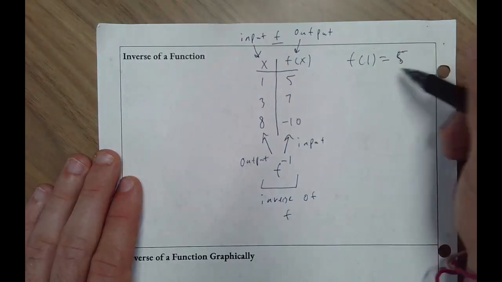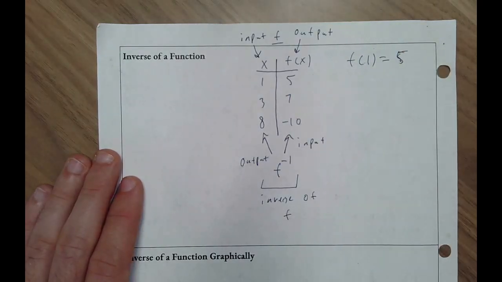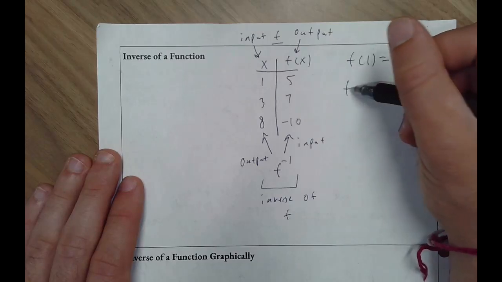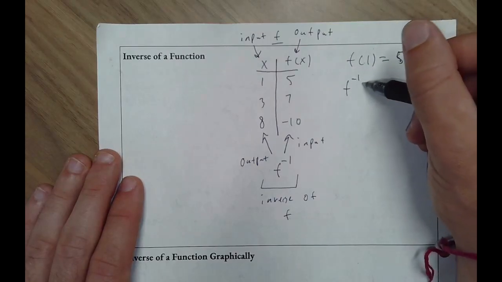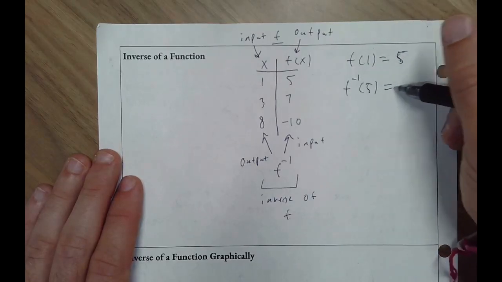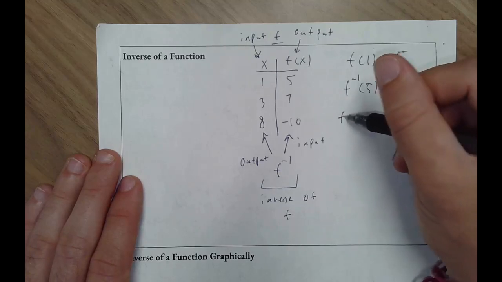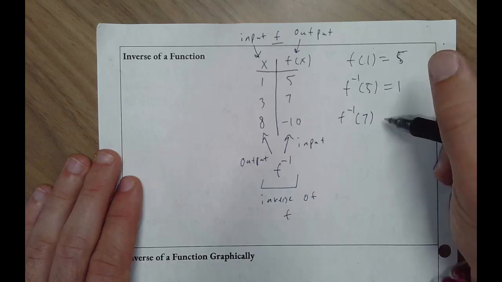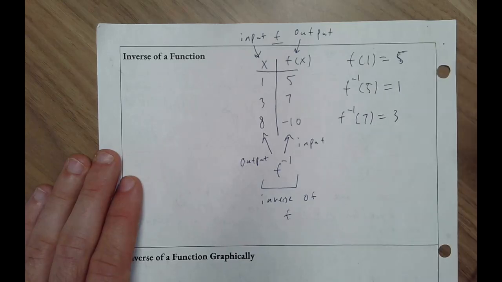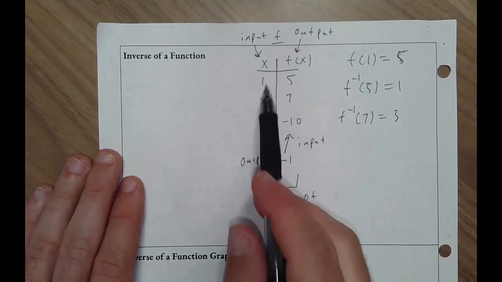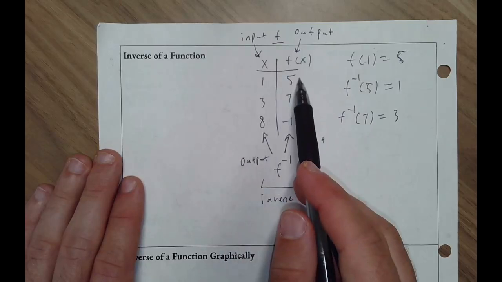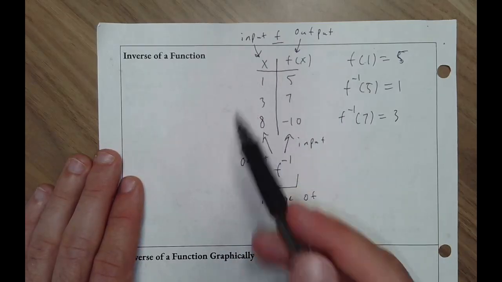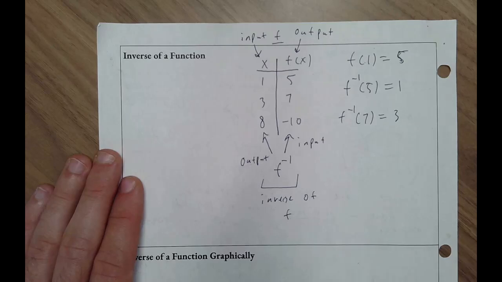So f of 1 was 5, f of 3 is 7, f of 8 is -10. But the inverse function of 5 is 1. The inverse function of 7 is 3. So instead of going from x to f of x, we're going from f of x to x. That's how the inverse works. We're switching.